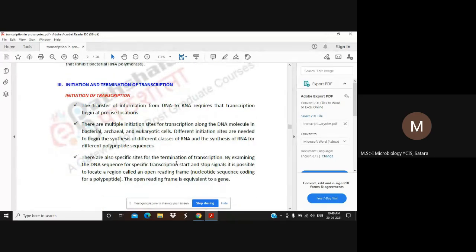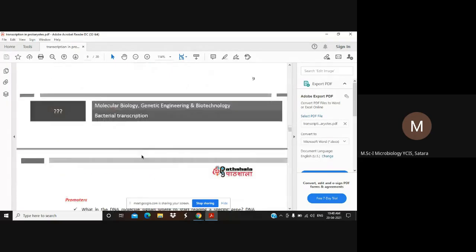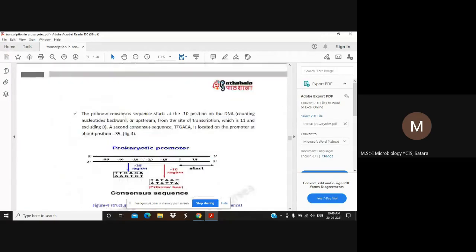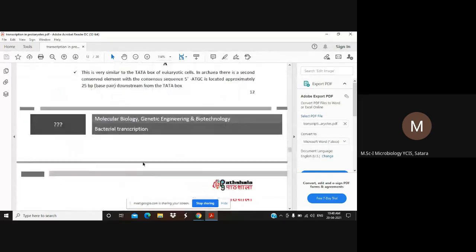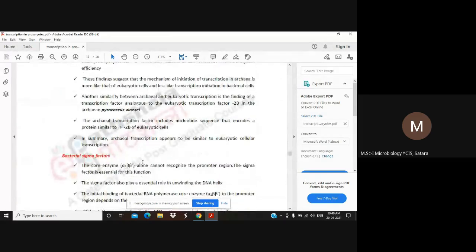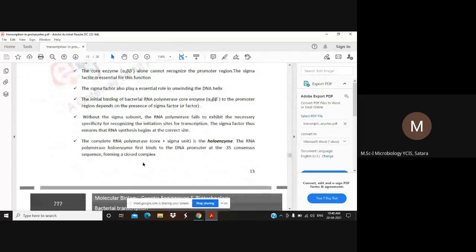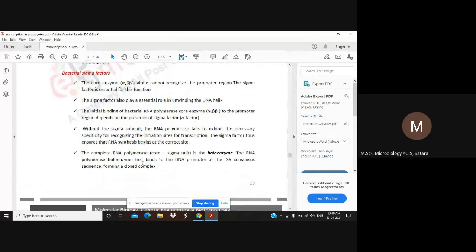Then there is the first step, that is initiation of the transcription. Promoter, ahead we will see how the synthesis occurs. Now we were looking at the bacterial enzyme, that is core enzyme alpha 2 beta beta dash.